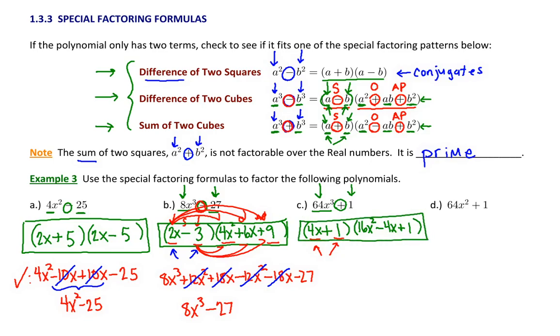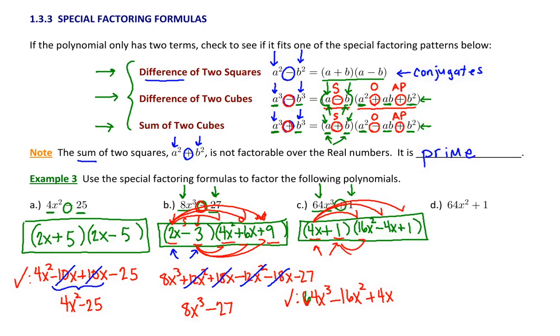I say proposed because I want to be absolutely sure. So let's check with multiplication. So I'm going to check by distributing first the 4x to all three terms. 4x times 16x squared gives me 64x cubed. 4x times negative 4x is negative 16x squared, and 4x times 1 is 4x.